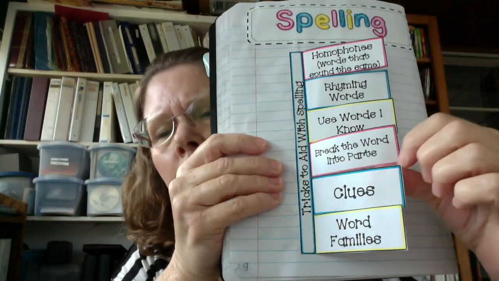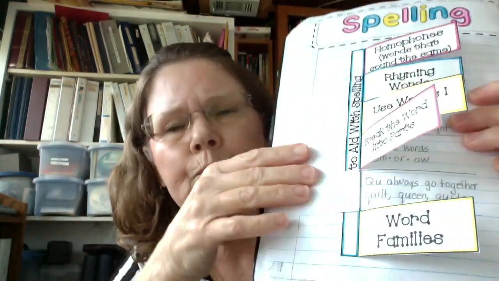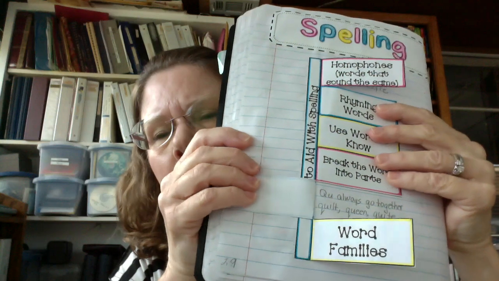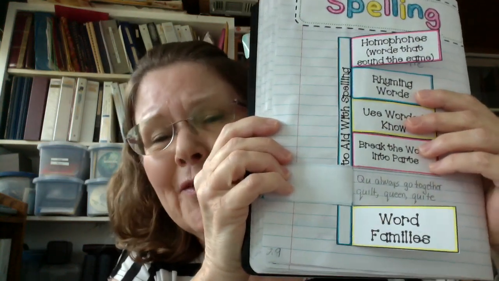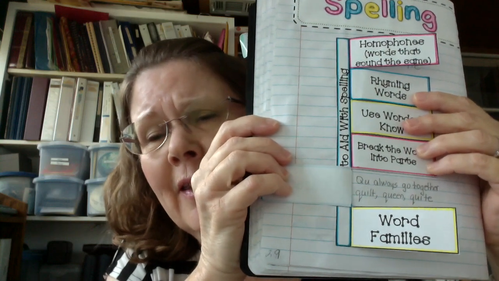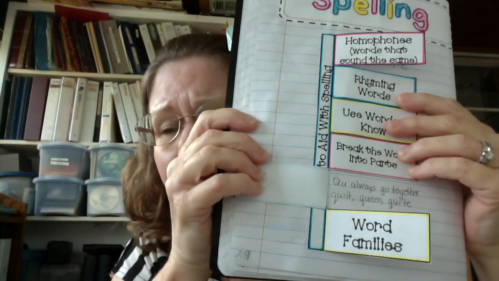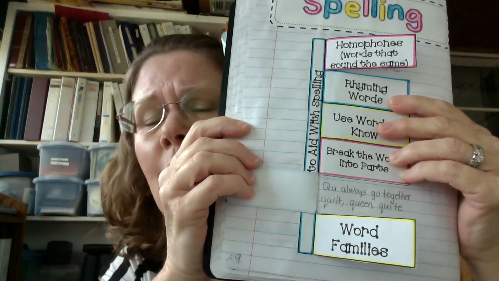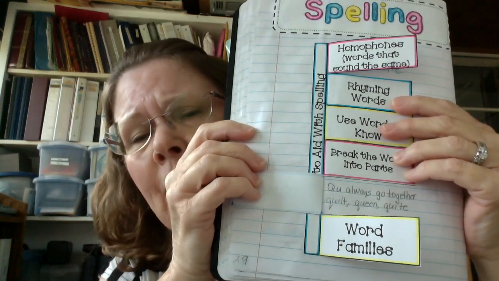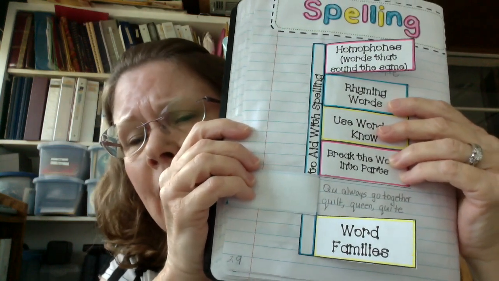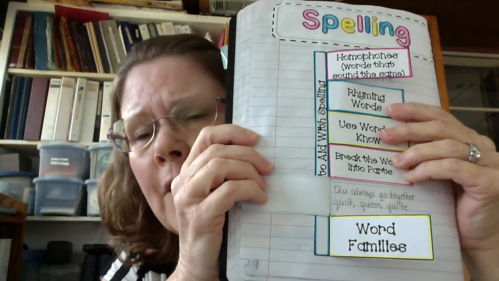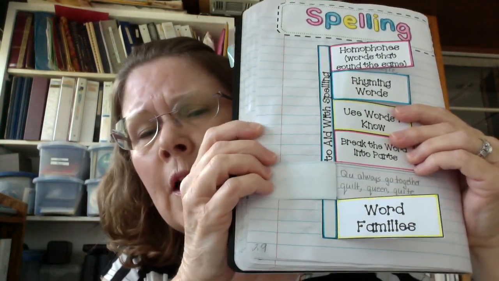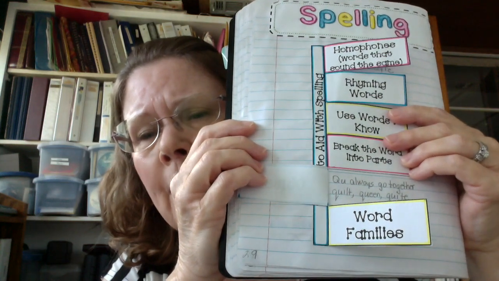There are certain clues that you can count on in English. Now there's a lot of things about English that are different and change and they don't follow the rules and all that. But there's some things that are almost always the same. You can count on it, all right? And one of them is that Q and U always go together.